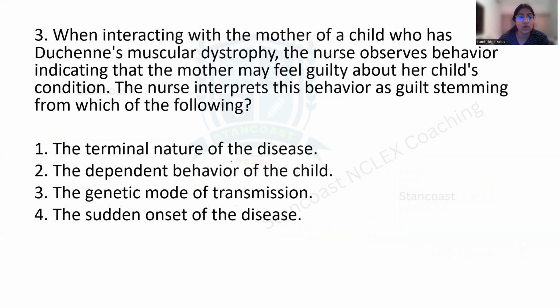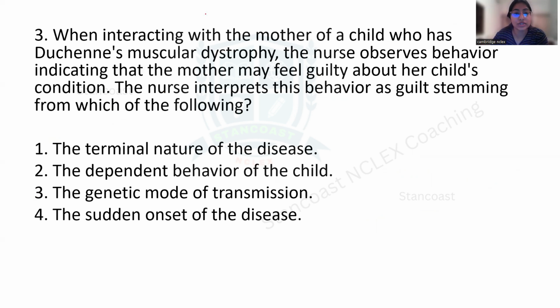Now let's move to question number 3. When interacting with the mother of a child who has Duchenne's muscular dystrophy, the nurse observes behavior indicating that the mother may feel guilty about her child's condition. The nurse interprets this behavior as guilt stemming from which of the following?